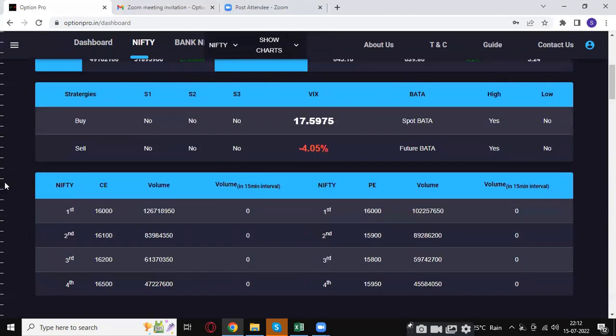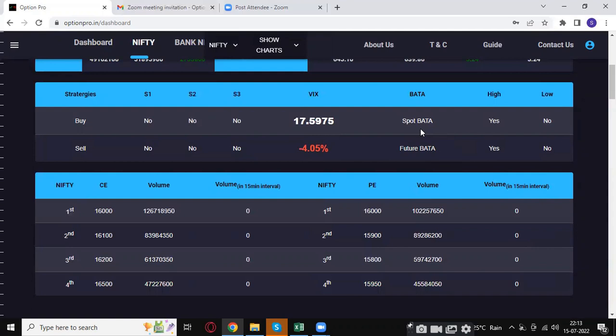Now here again are the strategies for buying and selling, the three strategies which we talk about on our dashboard. So you will get the signals here. If it is a buy signal, you can buy the call. If it is a sell signal, you can buy the put. The VIX data here shows VIX getting positive or negative. Here again, on our dashboard, we have given the future beta high and low.